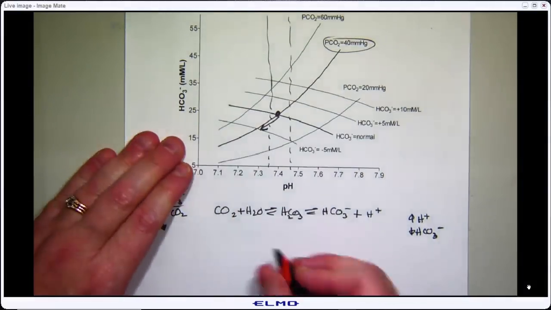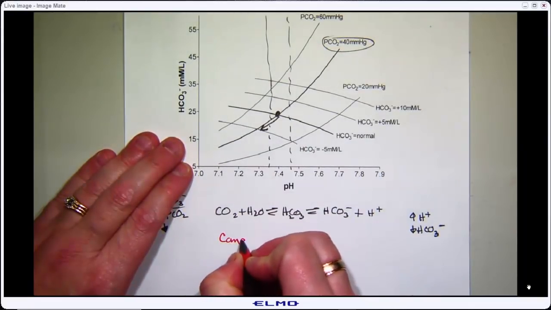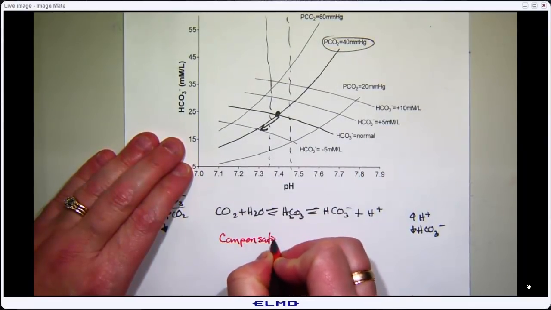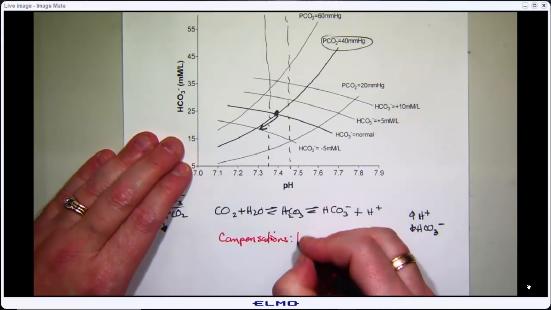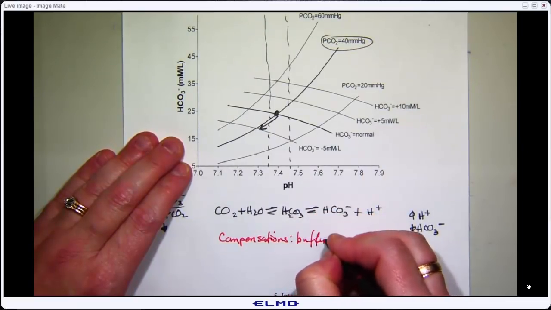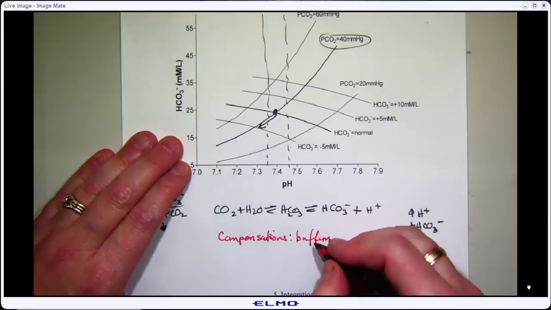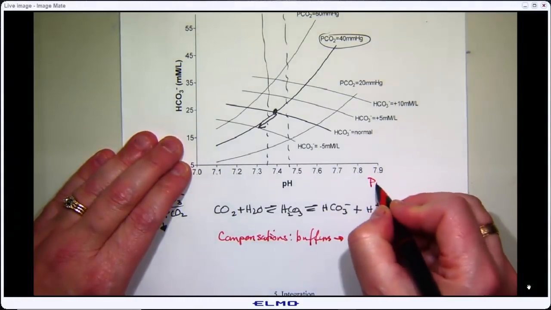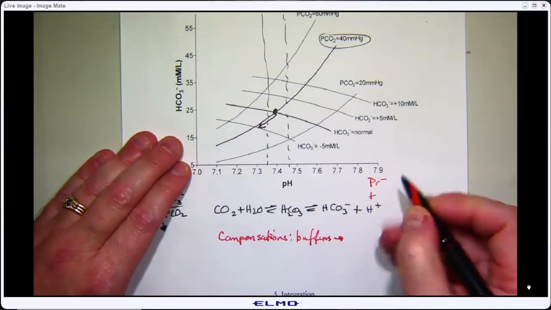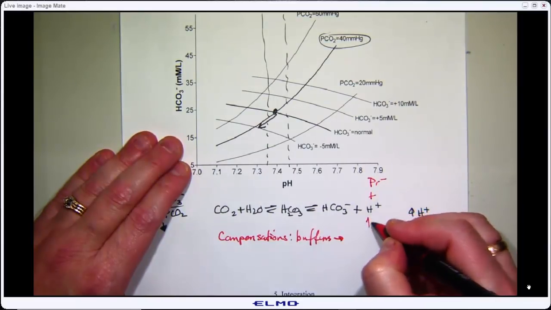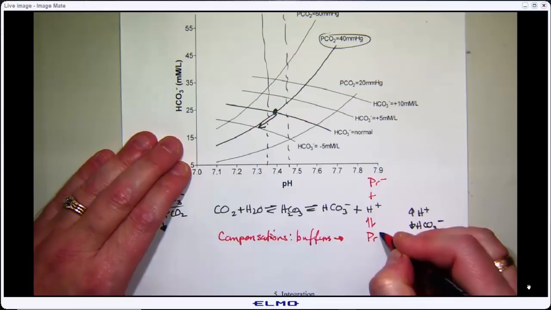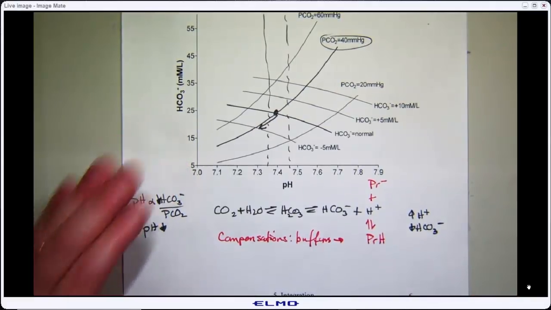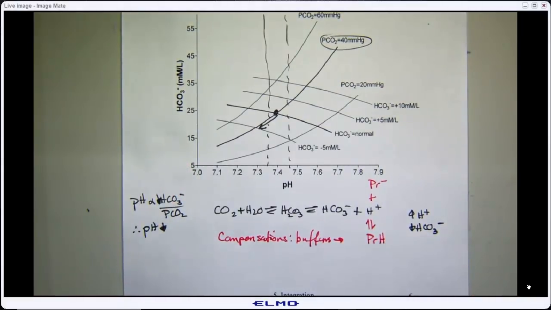Okay, so if we think about our compensations, let's think about them in terms of time. First line of defense is going to be our buffers, and we put that in equilibration with our hydrogen ion pool. And what were we paying attention to? We were paying attention to that unbound form.